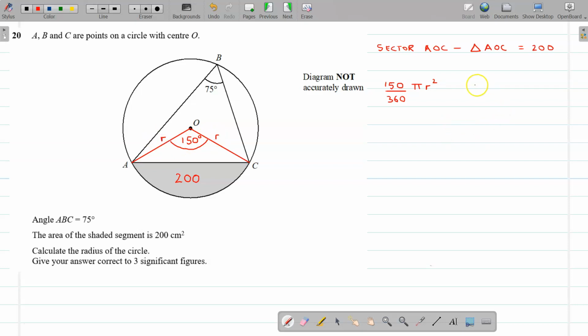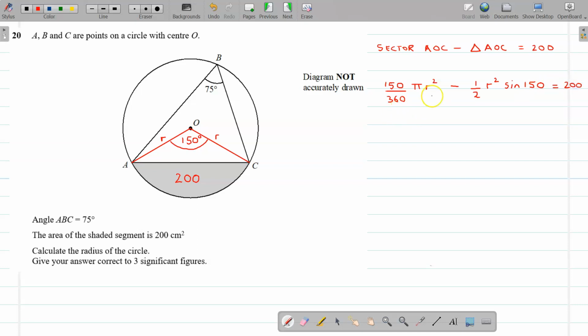Now the triangle has an area using, when you learnt about the sine and cosine rule, you also learnt that the area of a triangle is a half times the two sides, either side of an angle that you know. So it's a half of r squared times the sine of 150. And we know that that equals 200.